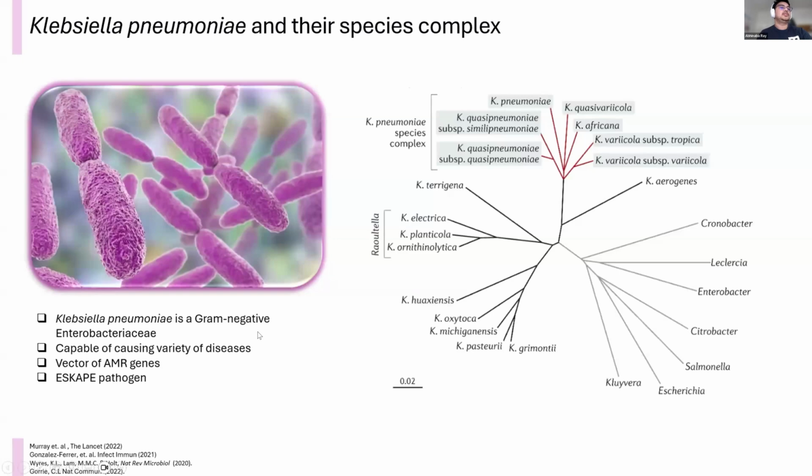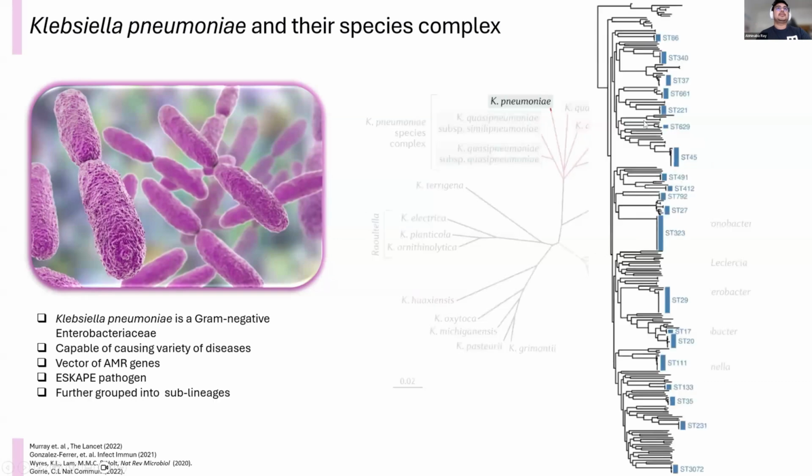We have also gone through a lot of nice talks today that showed how Klebsiella pneumoniae can be a very good vector of AMR genes. Some of you might know that Klebsiella pneumoniae is part of a species complex which share a lot of similarities with each other, and most of them are able to infect human beings.